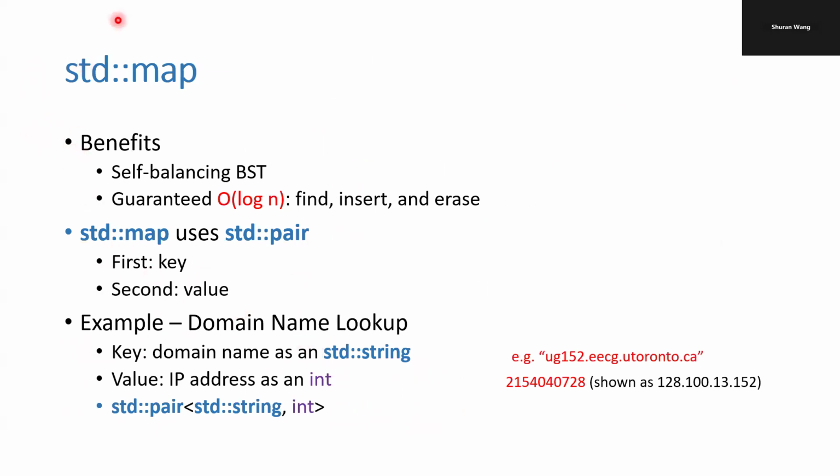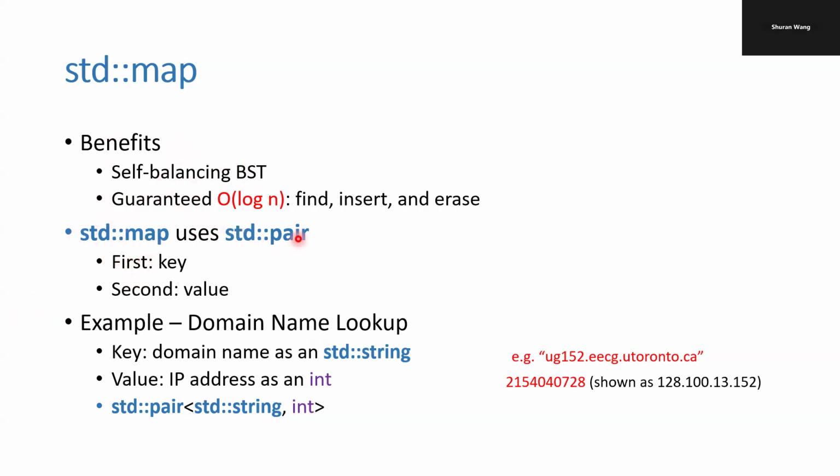The benefit of the map is that it's a self-balancing binary search tree, so you're guaranteed a low O(log n) time for find, insert, and erase. And this container will balance itself, so you don't need to worry about having a very unbalanced binary search tree.